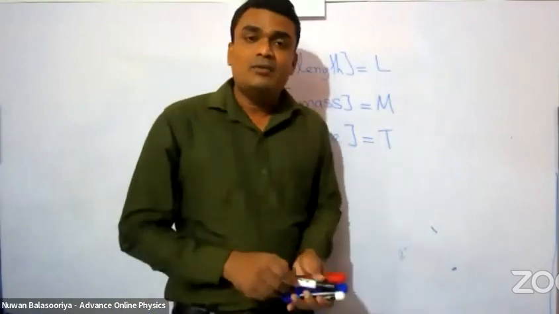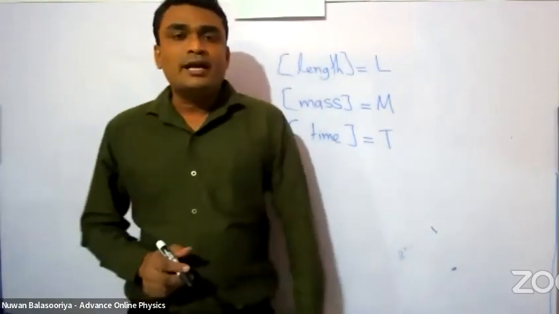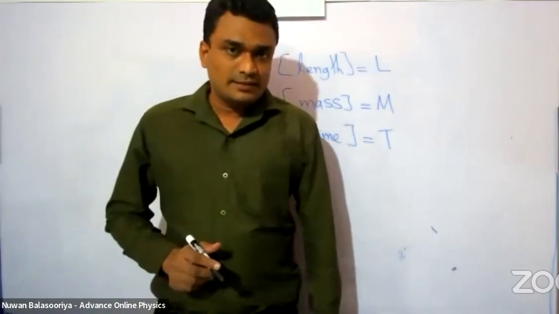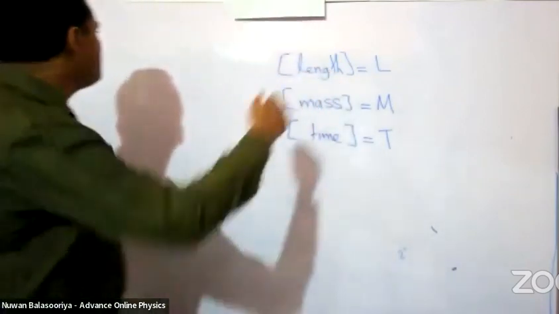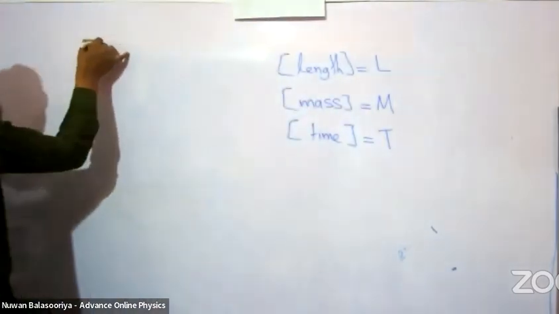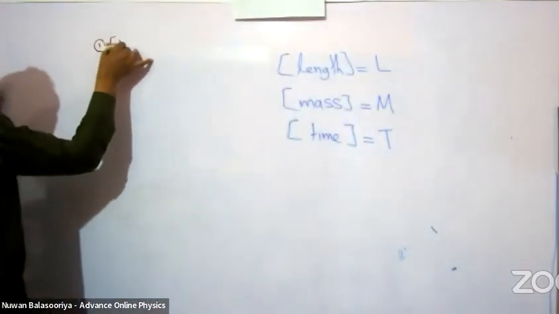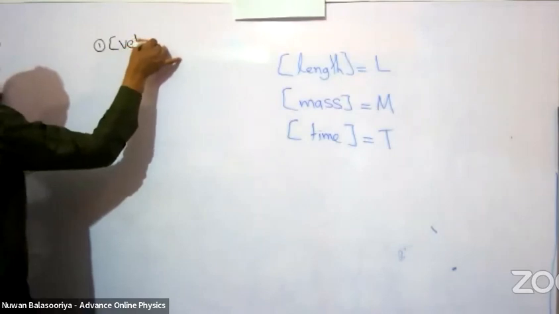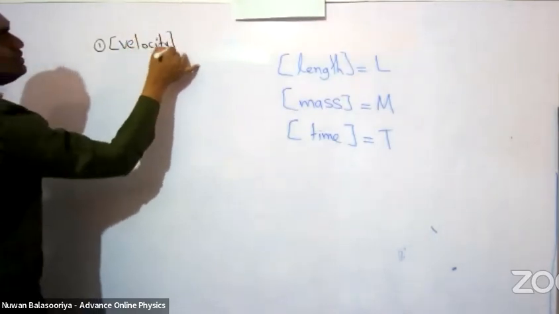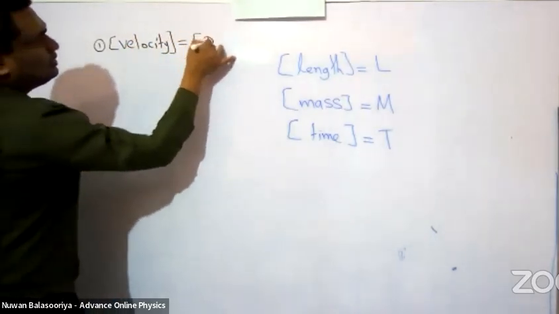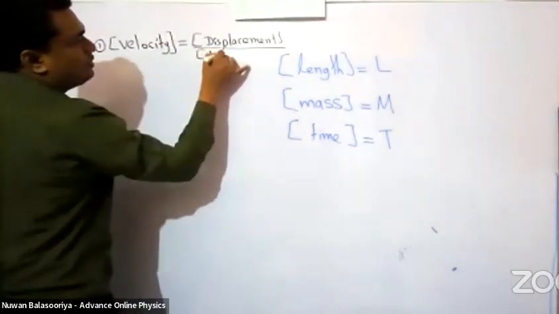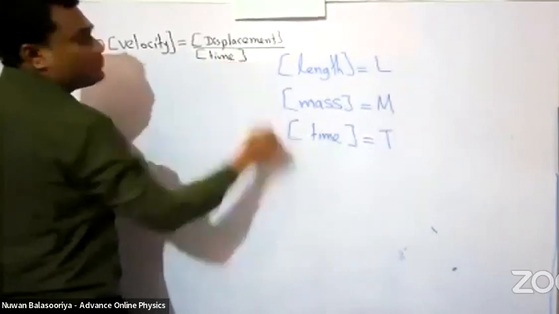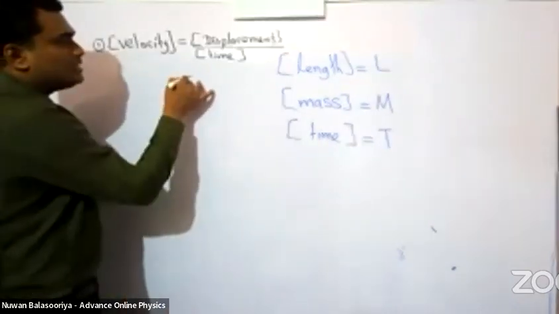Then under that we have learned something called derived physical quantities. The first derived physical quantity that we have learned is velocity. Velocity is defined as displacement divided by time taken. Displacement is the length.